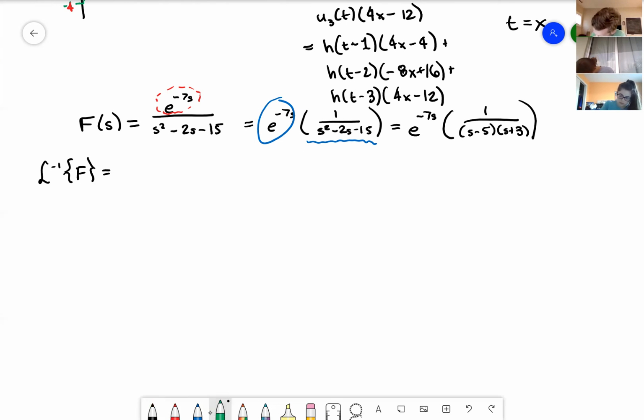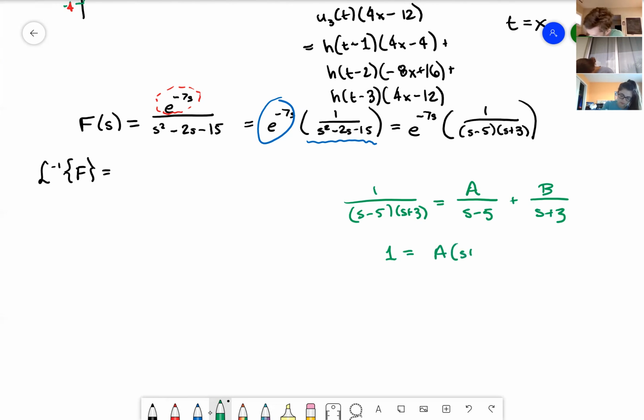And that is going to be 1 over s minus 5, s plus 3 equals A over s minus 5 plus B over s plus 3, or 1 is equal to A times s plus 3 plus B times s minus 5.